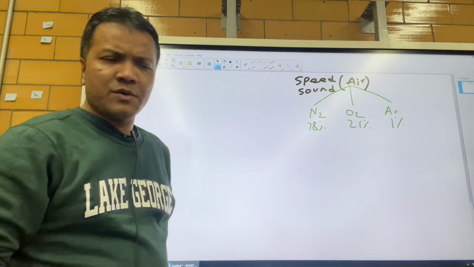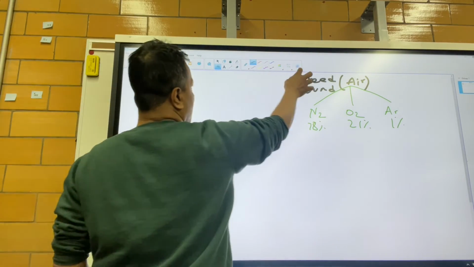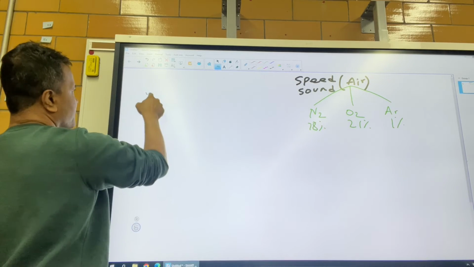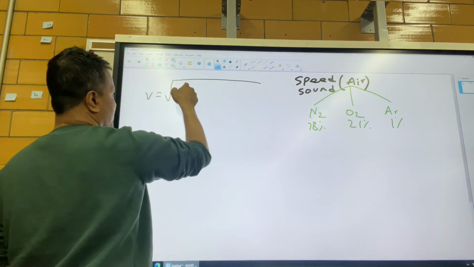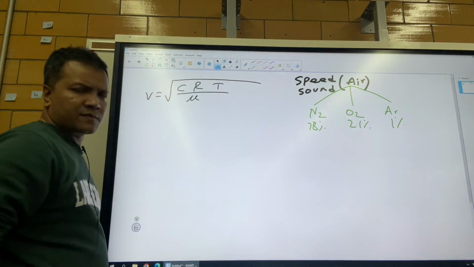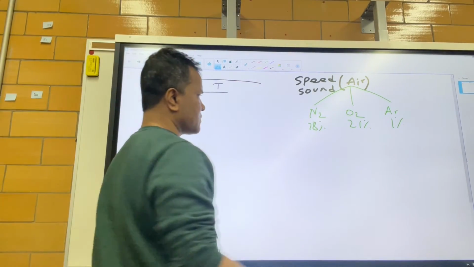Now what would be the equation? The equation to find out the velocity of the speed of sound in the air would be the square root of gas capacity, gas constant, temperature over molar mass. So now what would be the equation for molar mass?